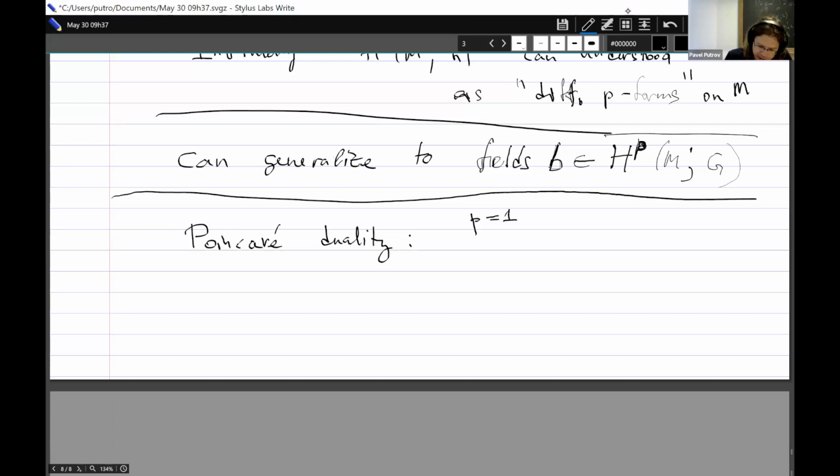So this H^1, I'll mention a little bit about generalization later.